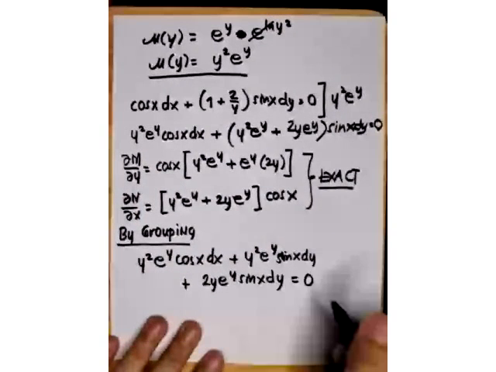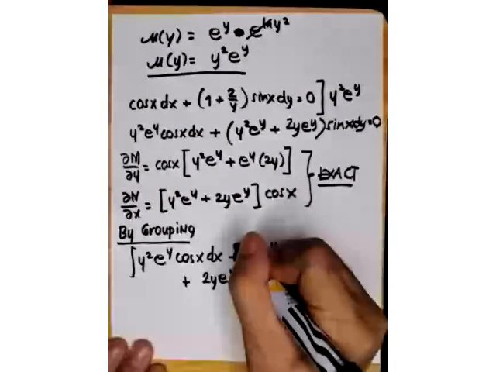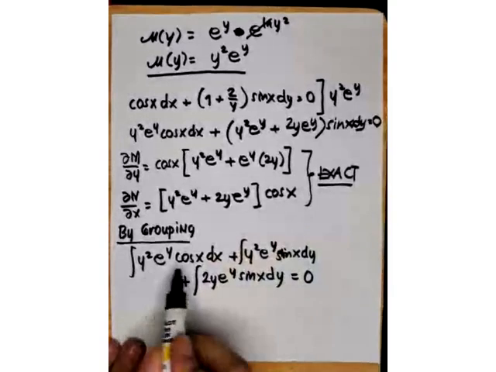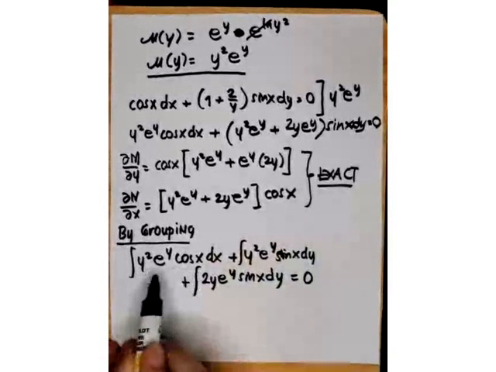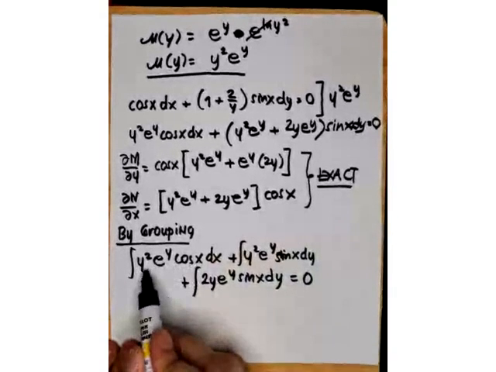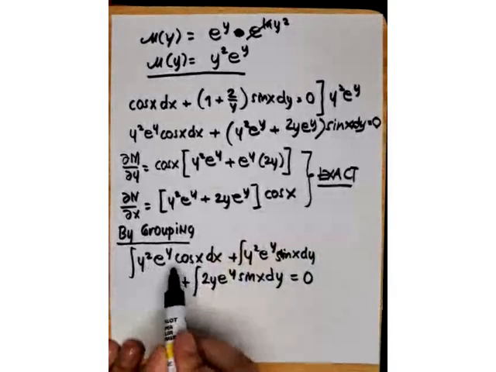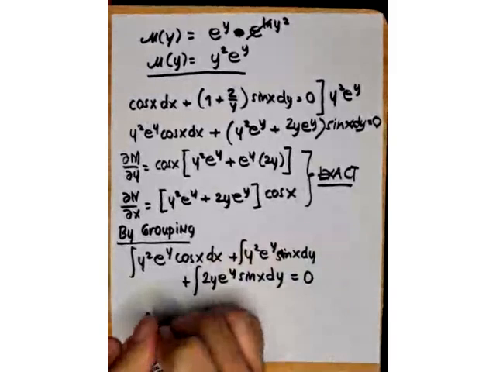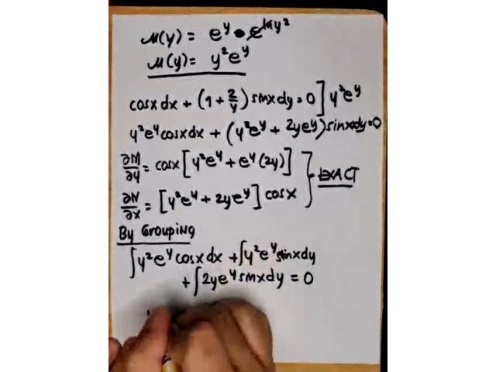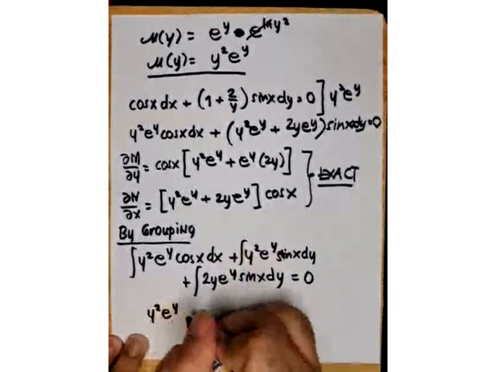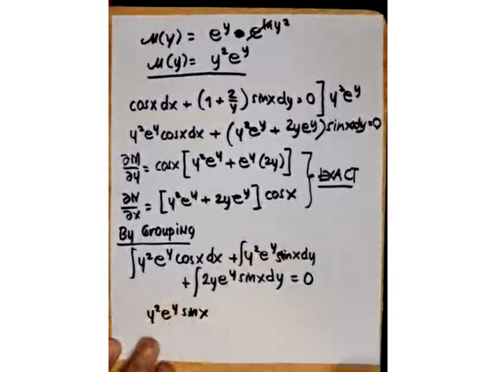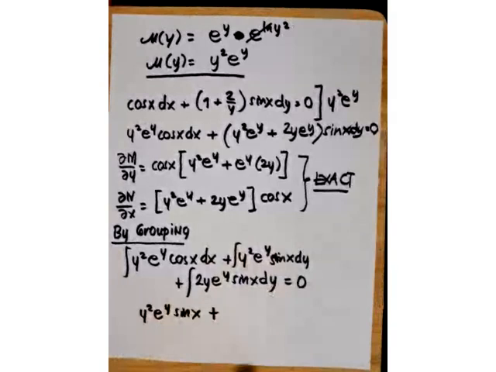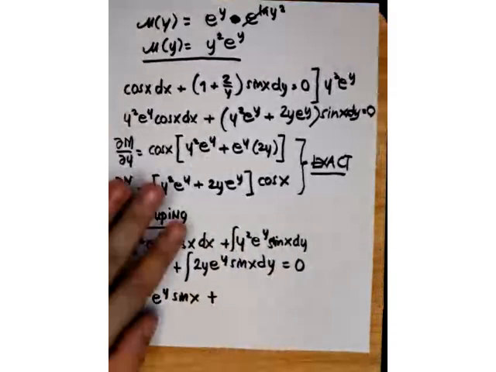And we integrate each term. For this one, wala tayong problema. This y squared and e raised to y is a constant, so all we need to do is integrate cosine x. That means we'll have y squared e raised to y sine x, plus. Dito, medyo mahaba-habang konti.